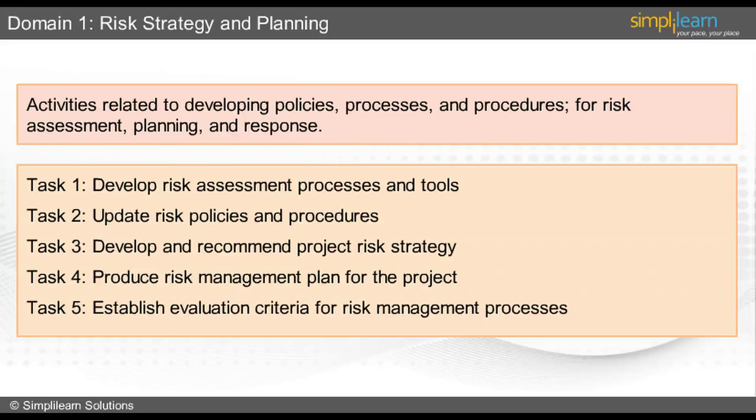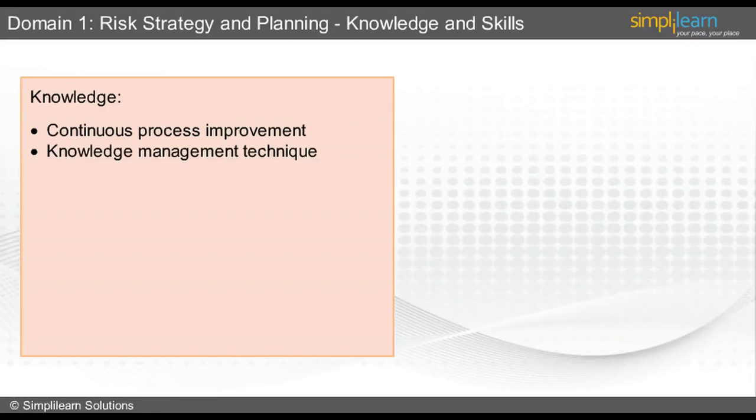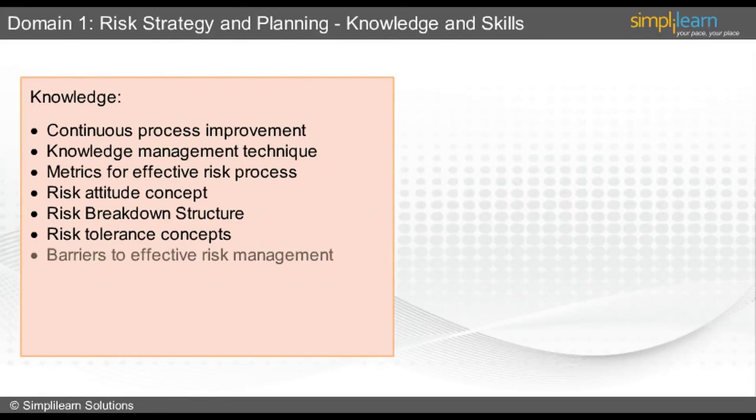The knowledge required is how to achieve the continuous process improvement, collecting lessons learned, and documenting them in the knowledge management bank using techniques, defining metrics for effective risk process achievement, understanding risk attitude of the stakeholders, breaking down the higher level risk into smaller components, also called the risk breakdown structure, understanding how to apply risk tolerance concepts, identifying barriers to effective risk management, various inputs, tools and techniques and outputs under risk processes, also known as ITTOs, analyzing reserves requirement based on uncertainties using research and analysis techniques, and finally, defining basic strategy development methodologies by involving SMEs.